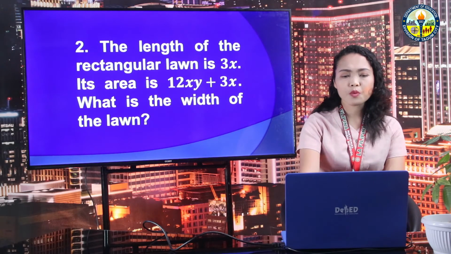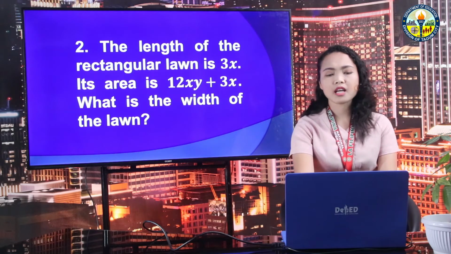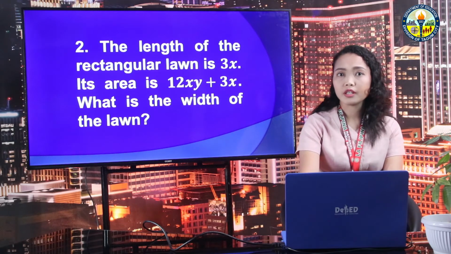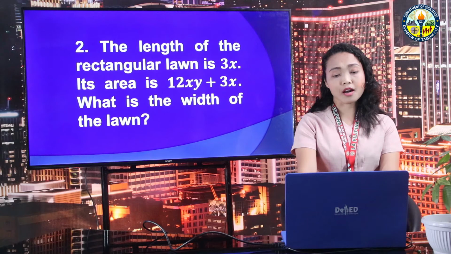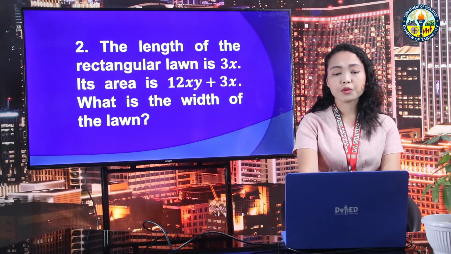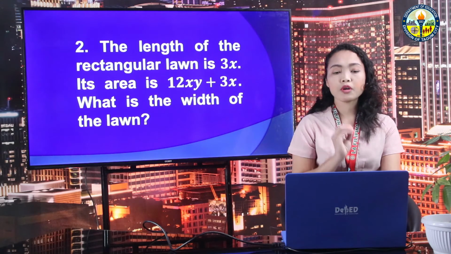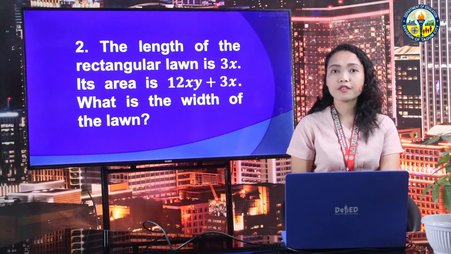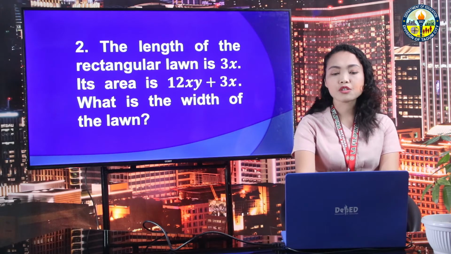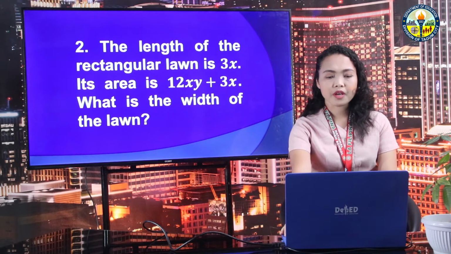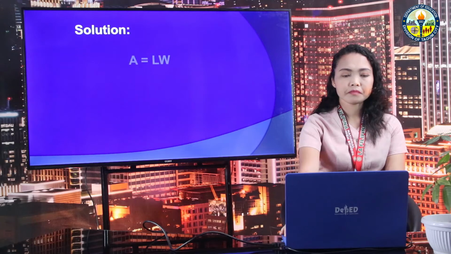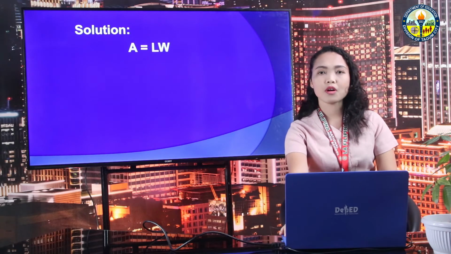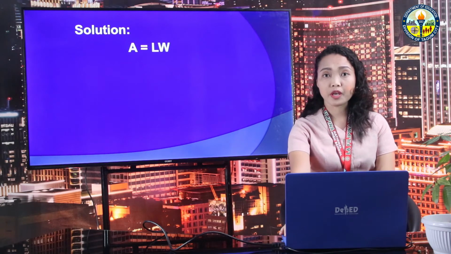So we have here a rectangular lawn. So this time we're going to look for the formula of a rectangle. So we will apply the formula of a rectangle in solving this problem. So we have here area equals length times width.